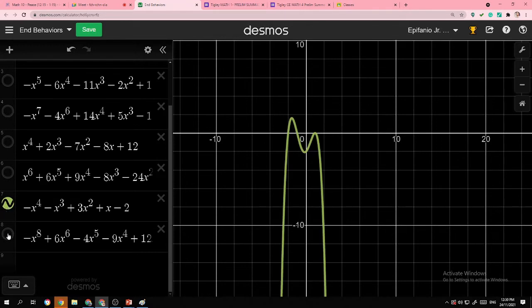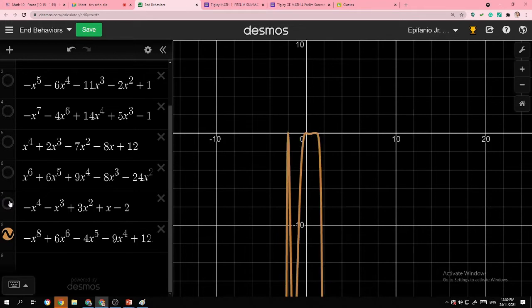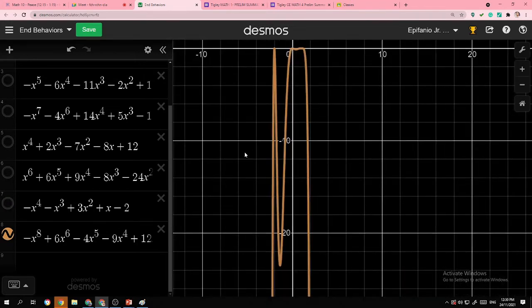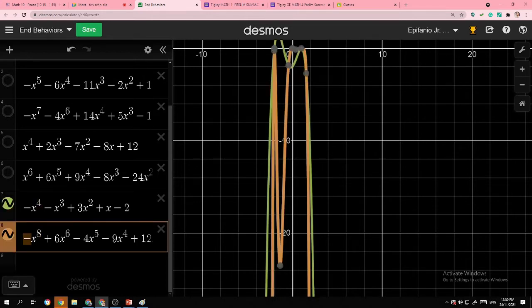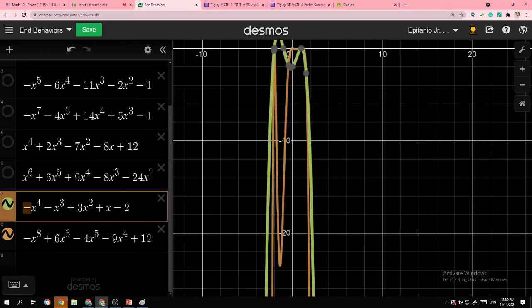The same thing with number 8. It's still down, down. So number 7 and 8, what makes a down, down end behavior? Even degree, and the sign of the leading coefficient is negative.